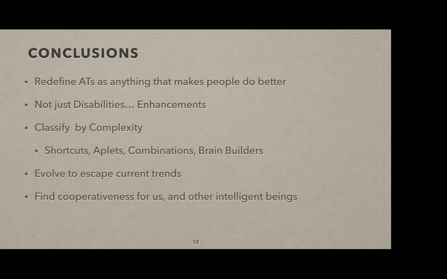And let's evolve, because we are going to need some, in my humble opinion, if we're going to avoid the crisis that we're beginning to experience. And along with that, we need to find cooperativeness for ourselves and other intelligent beings.